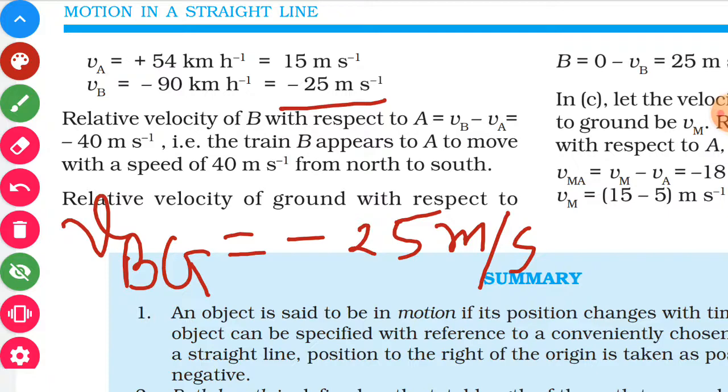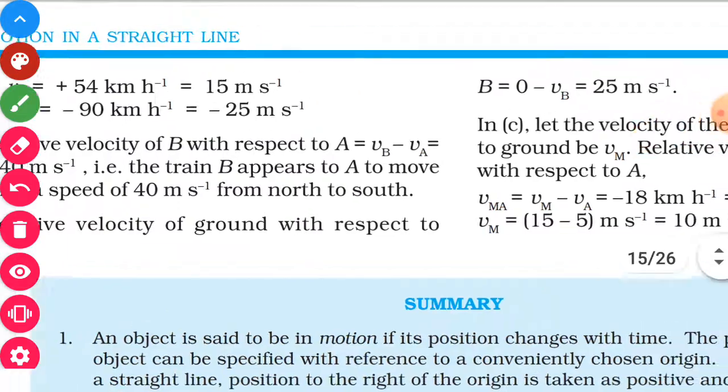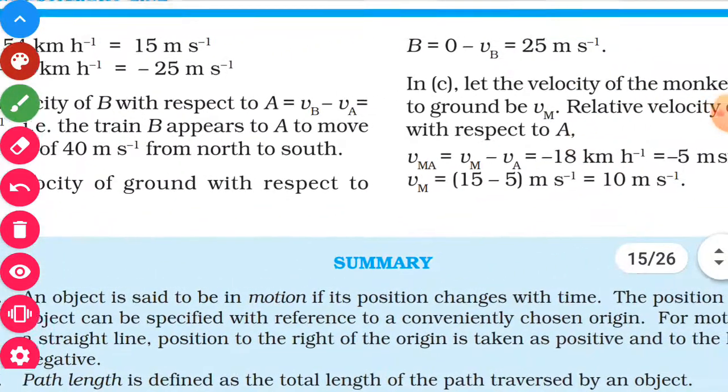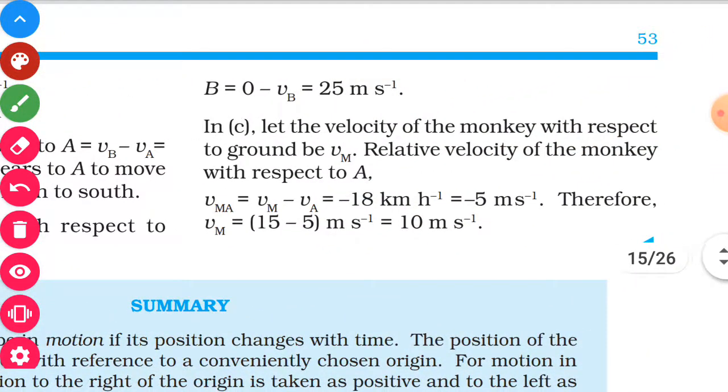Now as you know, ground is having velocity 0. So Vg is 0. So relative velocity of ground with respect to the train will be positive 25 meter per second.